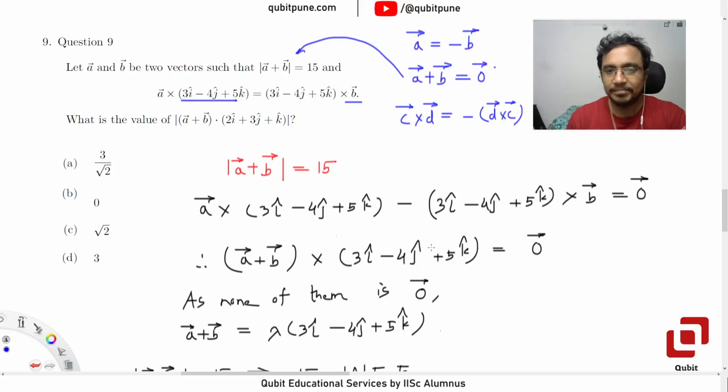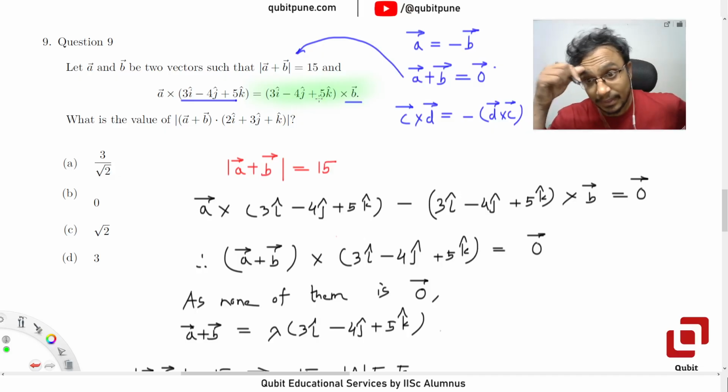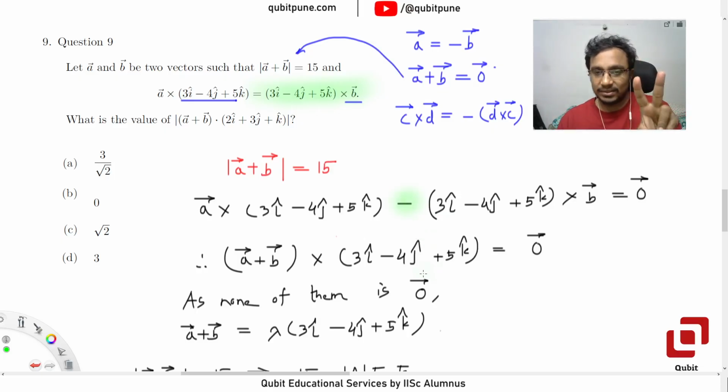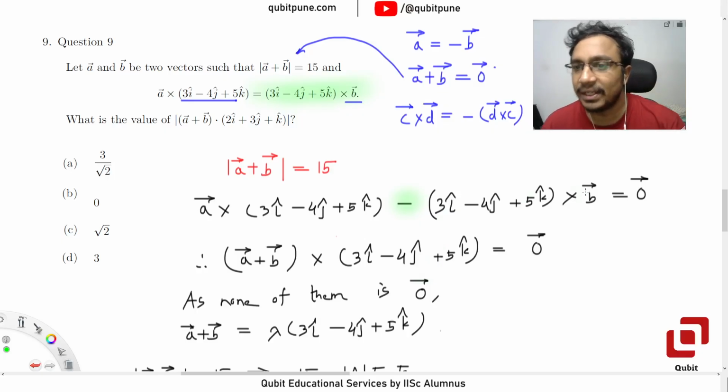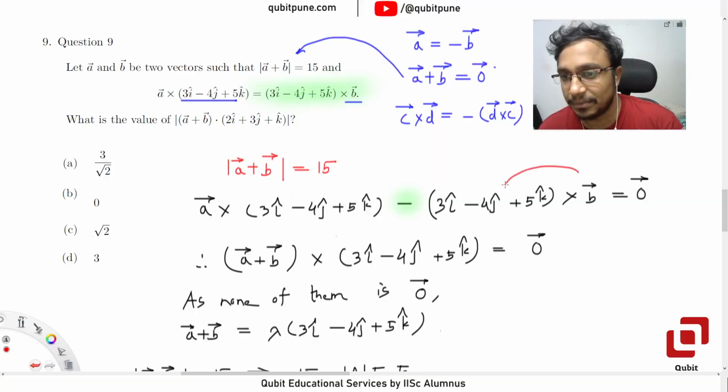I did that actually. So in the first step, what I did is I brought this term to LHS, so it acquired a negative sign. Then I did two things. First, I interchanged the order of these two.